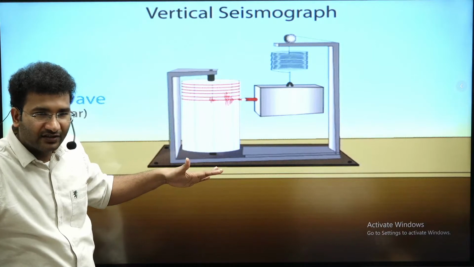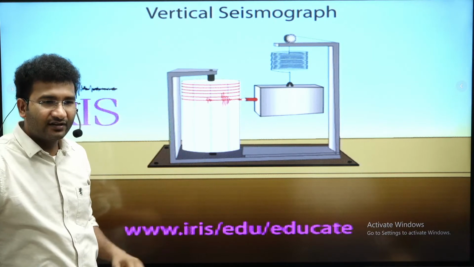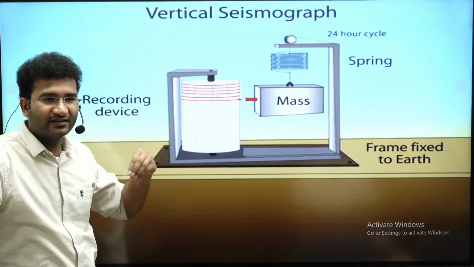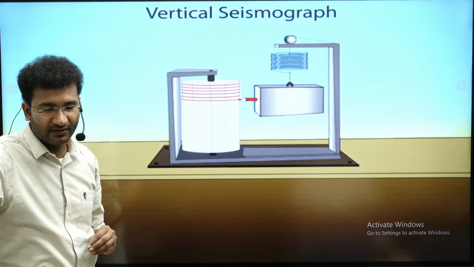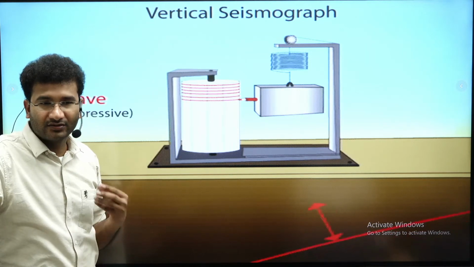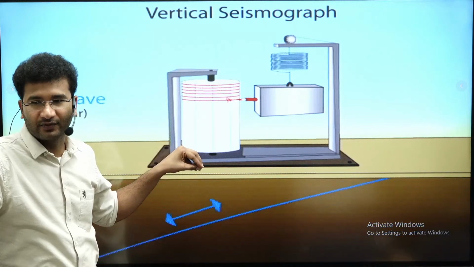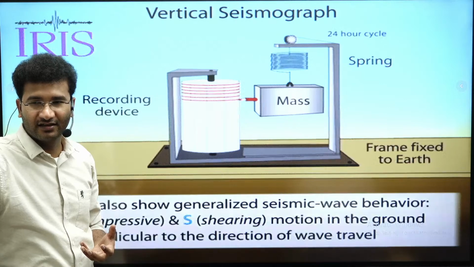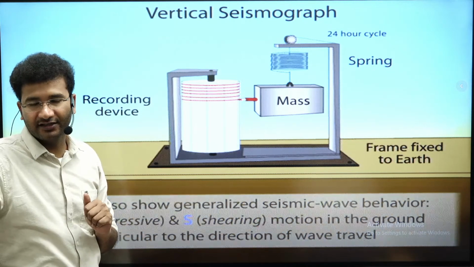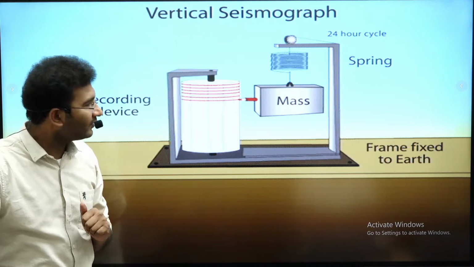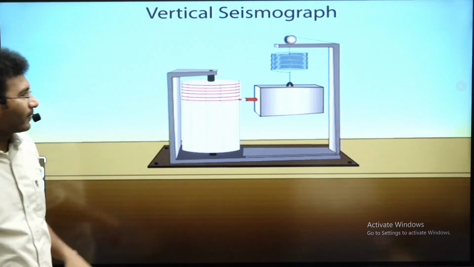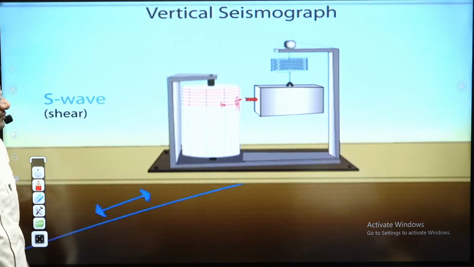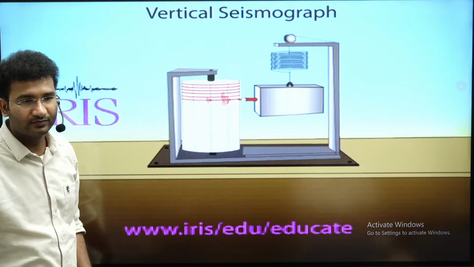Whenever there is shaking of the earth, the shaking will be drawn on the graph, and this graph measures the magnitude of the earthquake. Sorry, it is the magnitude, not the intensity. Intensity is how much damage it has caused, and magnitude is how much it has shaken the earth. Now look here, you can see there are two lines drawn, 1 and 2.